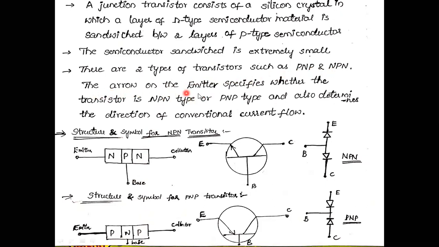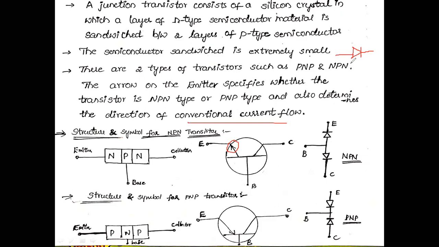And the arrow on the emitter specifies whether the transistor is PNP or NPN type. The arrowhead, let me draw it. This is the arrowhead. The arrowhead specifies the conventional current flow.